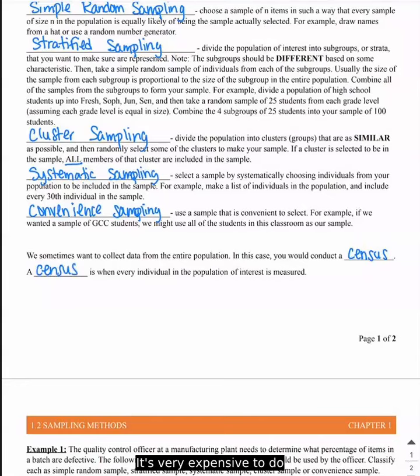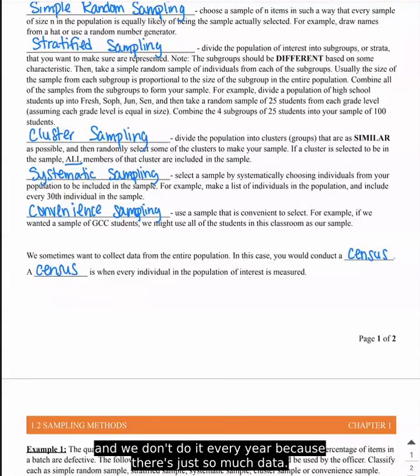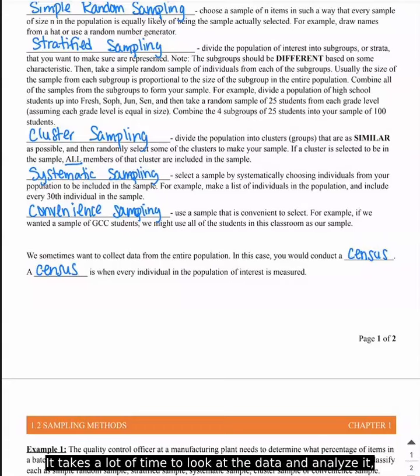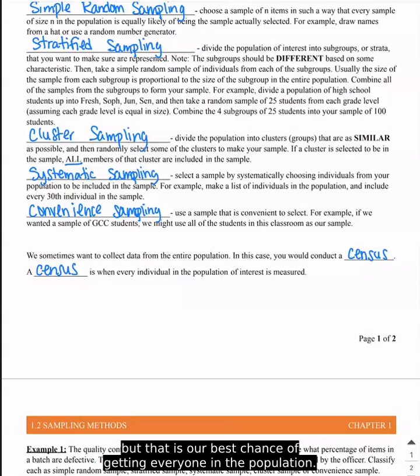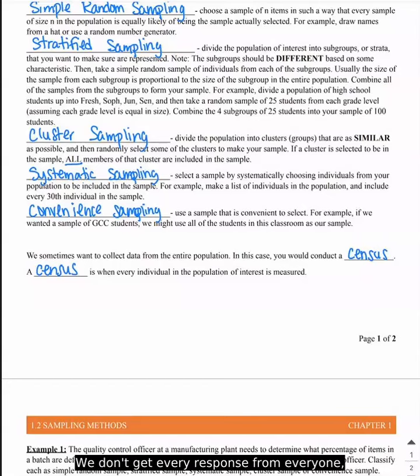It's very expensive to do, and we don't do it every year because there's just so much data. It takes a lot of time to look at the data and analyze it. But that is our best chance of getting everyone in the population. Unfortunately, even with the US census, it's not always the case. We don't get every response from everyone, but it's the closest thing that we have.